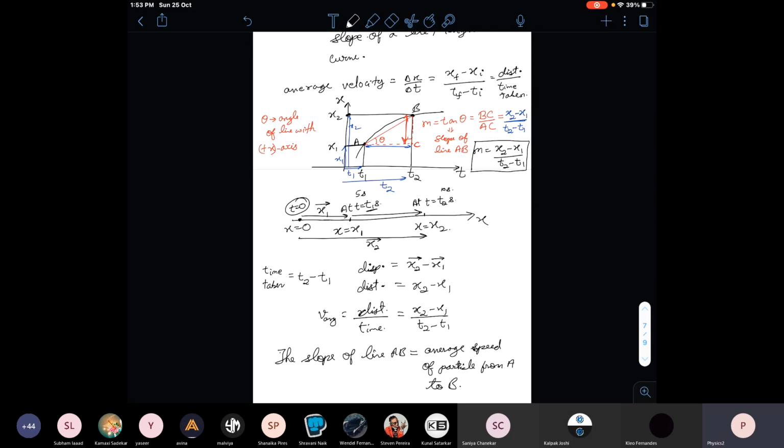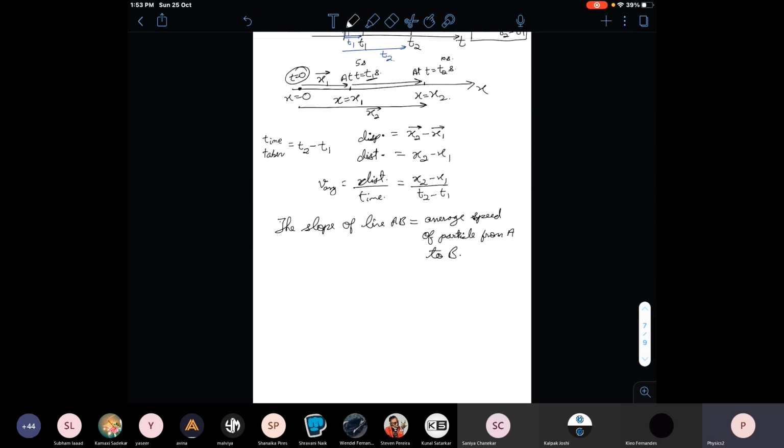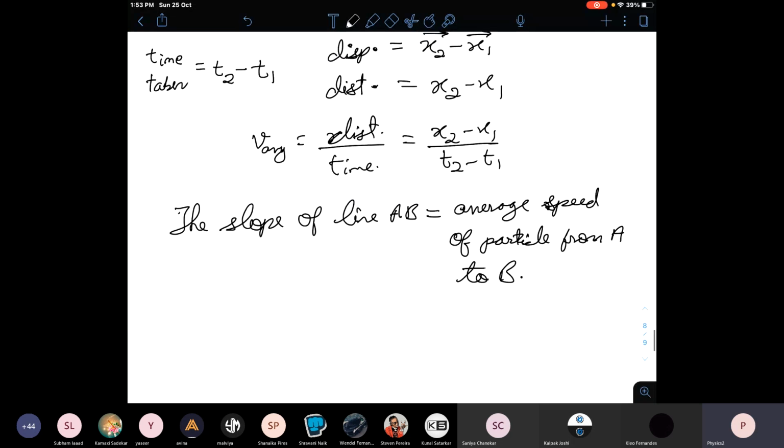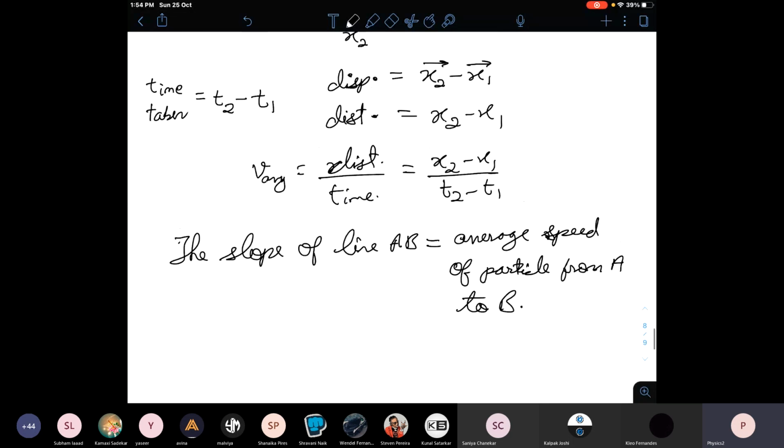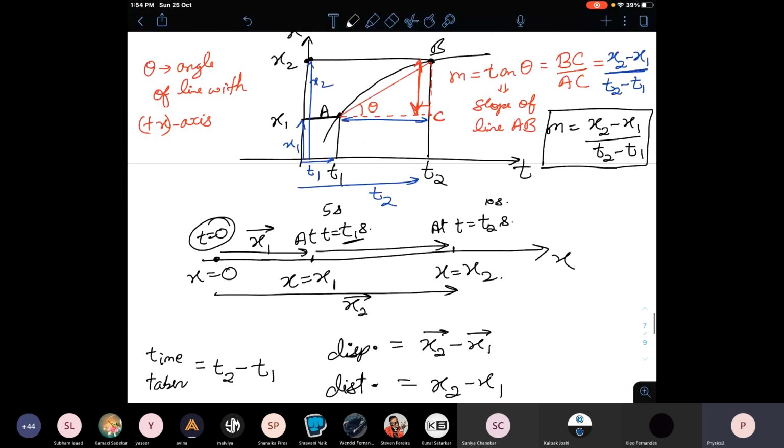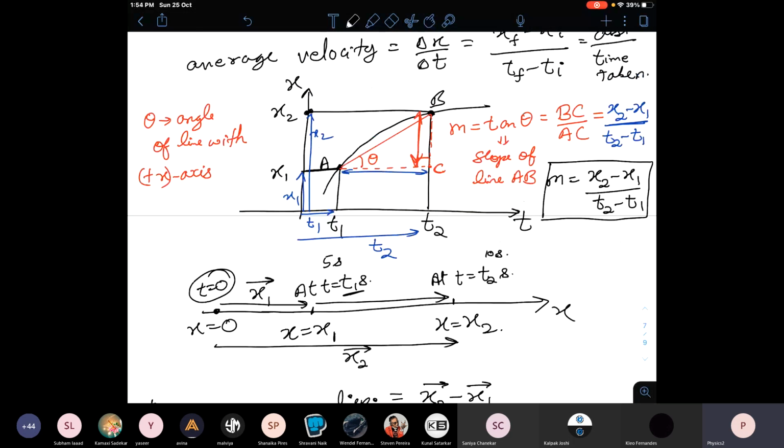Now just see again. This was average, everything was average, so no problem. Now if I'm talking about average over here, you can see that this AB line is basically a chord. What is a chord? A chord is a line that cuts the curve at two distinct points.